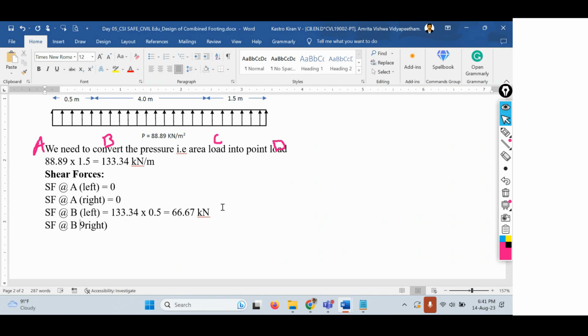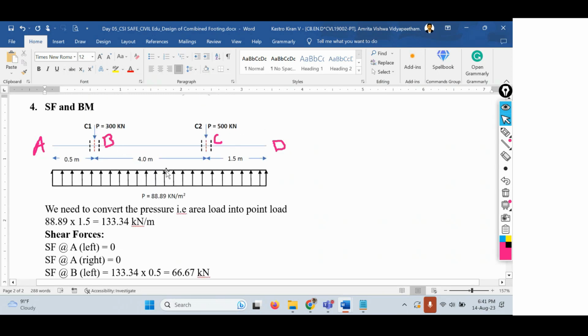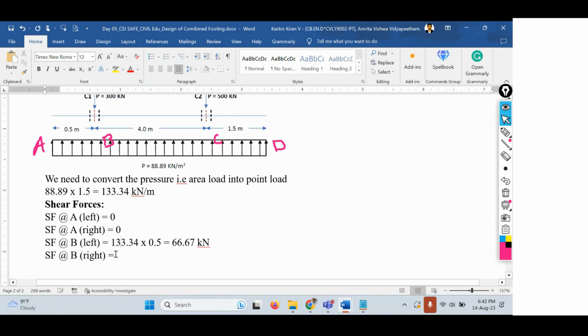So at right side, what are the forces that are available? You have the load that is coming, that is 300 kilonewtons. You can also consider this load along this side also, but I'm just considering along the right side. The load on column 1 is 300 kilonewtons. So 66.67, that is the previous load, minus 300.